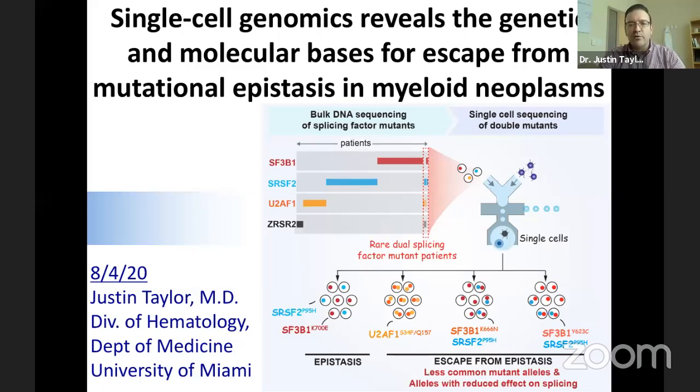We termed these dual or double splicing factor mutant patients. So we used single cell sequencing with the Mission Bio Tapestri platform to figure out how these cells were able to escape from this mutual exclusivity in order to have two splicing factor mutations occurring in the same cell.